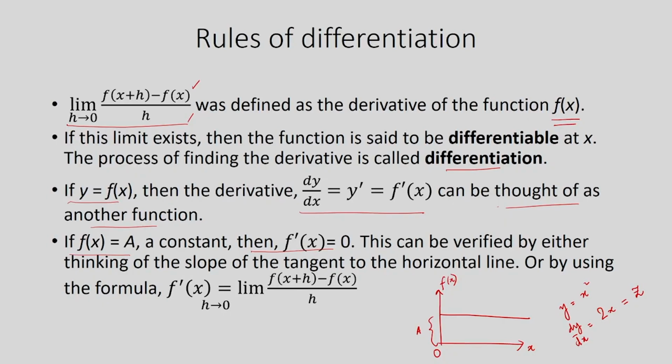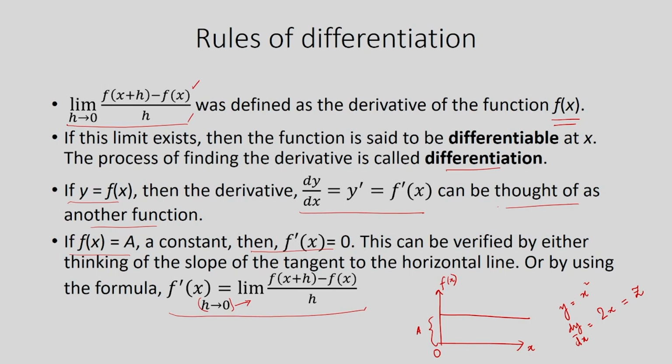Another way to understand why the derivative should be equal to 0 is to go by the definition. We know that f dash of x is equal to the limit of f of x plus h minus f of x, divided by h, as h tends to 0.